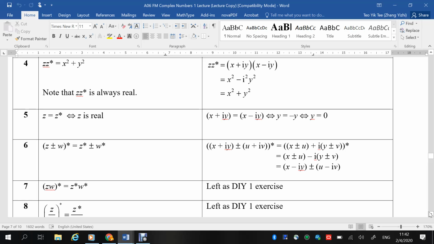It's not, right. But when it comes to conjugates, this is true: z plus w conjugate is actually z conjugate plus w conjugate. So this is a slight variation from what you're very accustomed to. Half the time students cannot remember, and I don't blame you because I also cannot remember. So just prove it on the spot, it's actually easy. Just pay particular attention to this. Other than that, not much issue already.